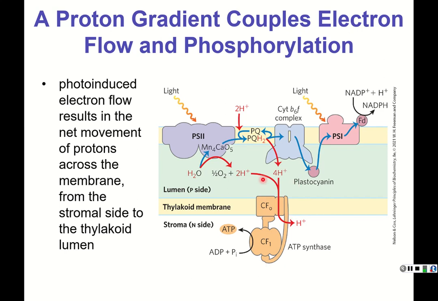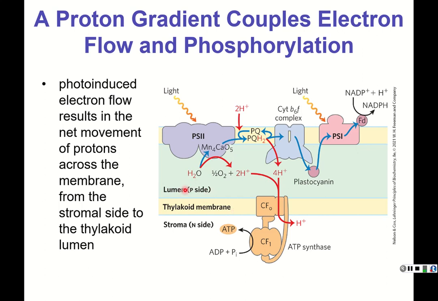One major difference, though, is that the gradient's being generated in the lumen, and that is then pumped out into the stroma where the ATP is generated. So it looks slightly different, sort of a backwards direction compared to the mitochondria, if you're thinking of this as the inner mitochondrial membrane.